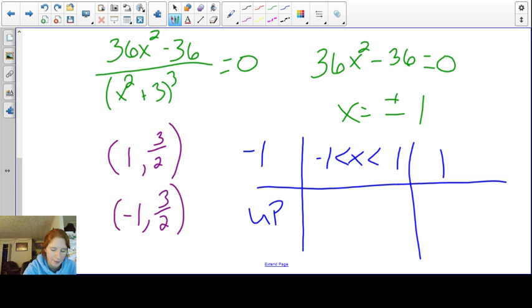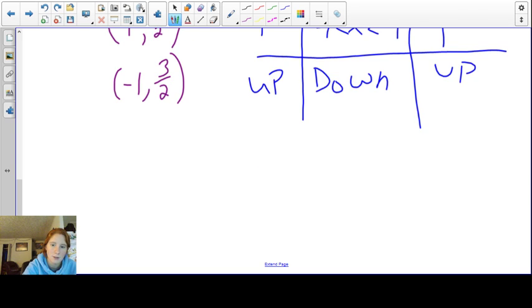If I plug in my favorite value of 0, because 0 is between negative 1 and 1, I should get negative 36 over 9, which would be a negative number, so that's going to be down. And then same idea, if I plug in 1 again, since I've got squared stuff in there, I'm going to end up positive again.